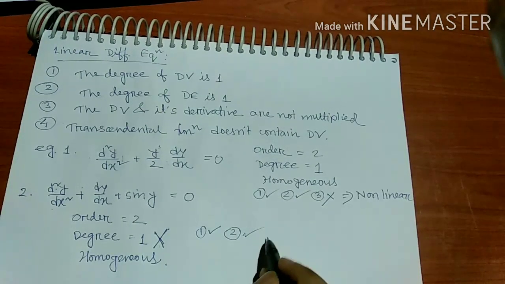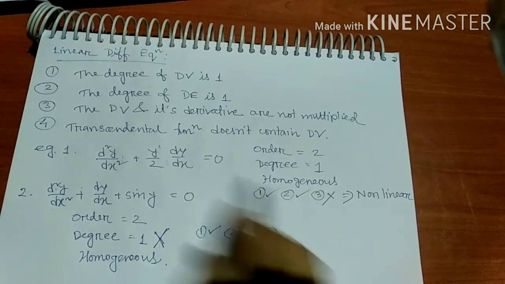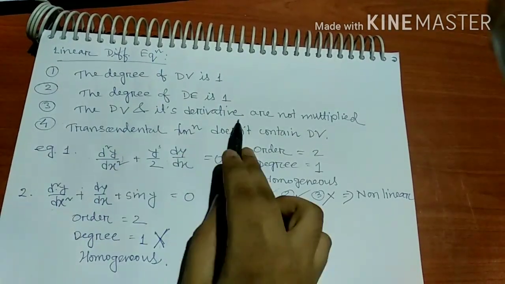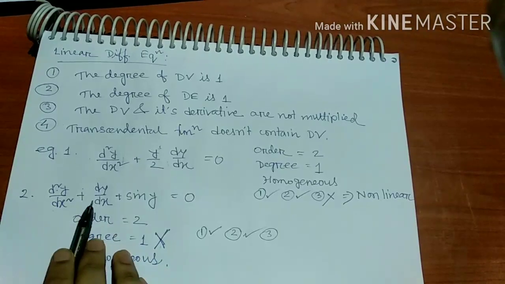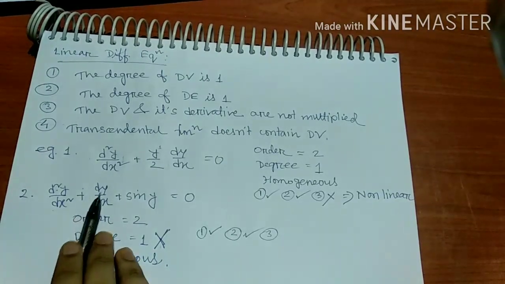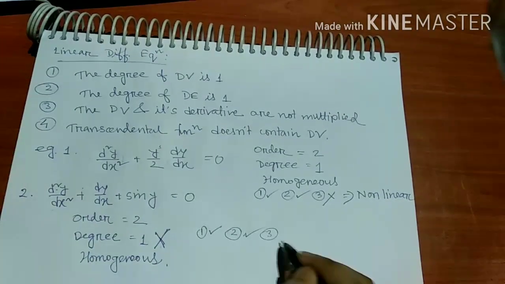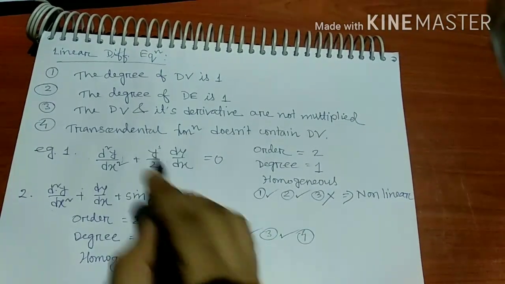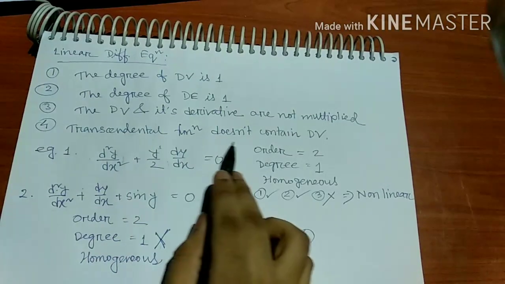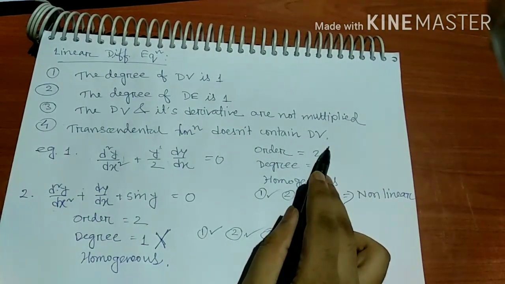And number 3 is that the dependent variable and its derivative are not multiplied. Here you can see there is no such term where the dependent variable and derivative are multiplied. So number 3 is satisfied. And number 4 says the transcendental function doesn't contain the dependent variable.